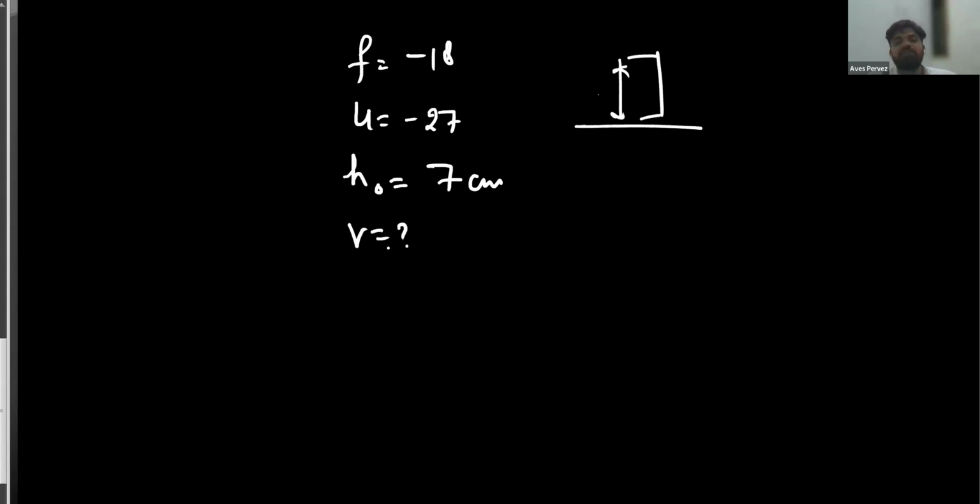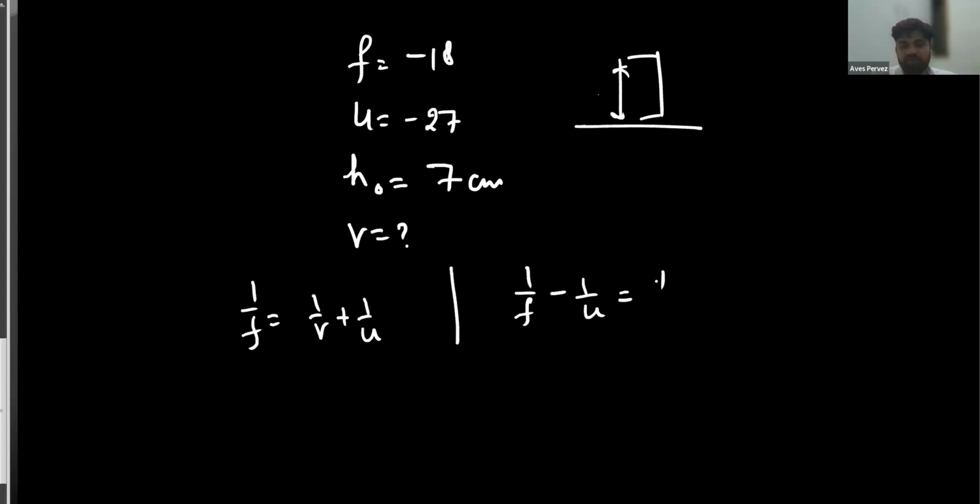You can easily calculate the value of v by using this formula, that is 1 by f is equal to 1 by v plus 1 by u. So 1 by f minus 1 by u is equal to 1 by v. Put that value.